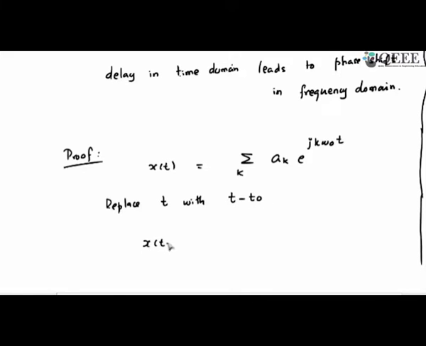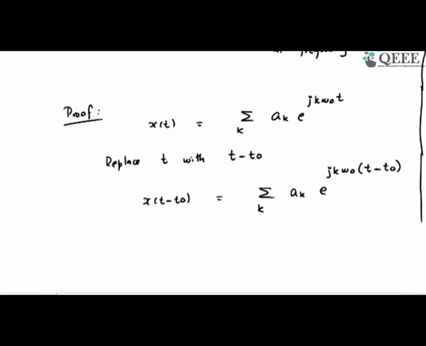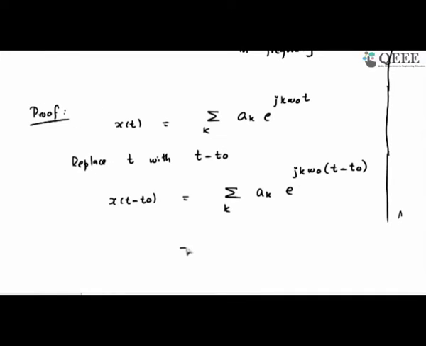So I will have x of t minus t naught on the left hand side. This is the summation of a k e power j k omega naught times t minus t naught. Now this is sigma over k a k e power minus j k omega naught t naught multiplied with e power j k omega naught t.